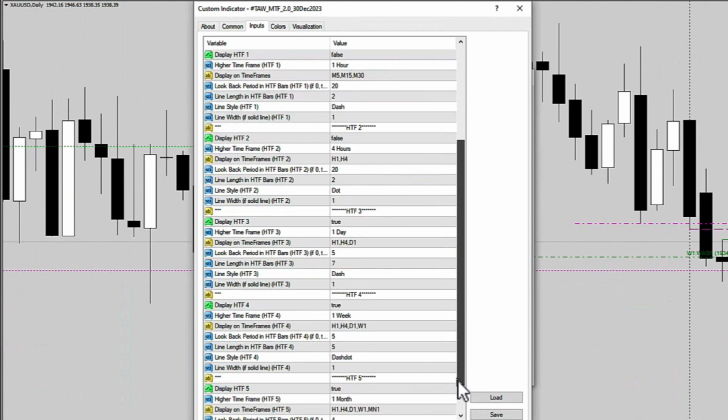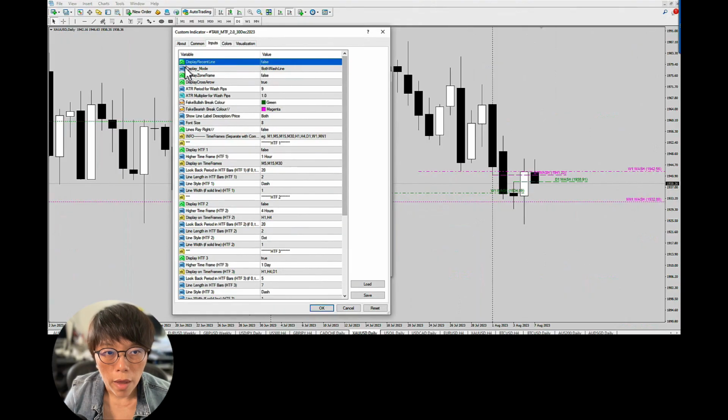Now this means that the wash line being shown would be controlled by your setting under the various HTF settings. Remember that if you show display recent wash line as true, then it will only show the most recent month, most recent week, most recent day wash lines.